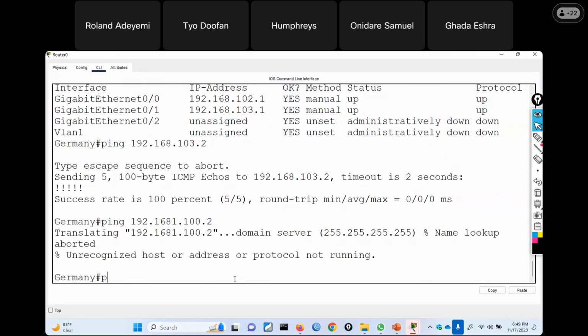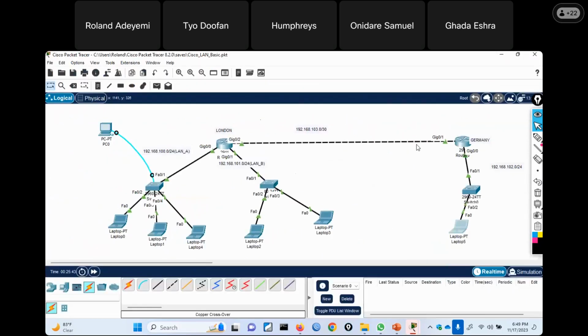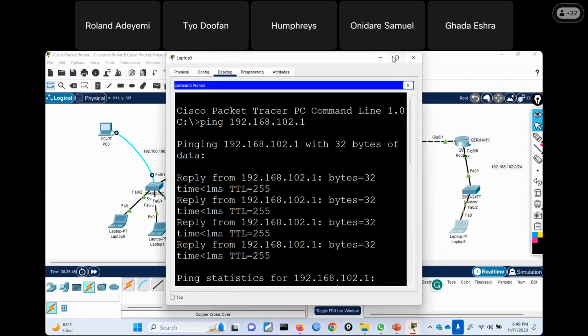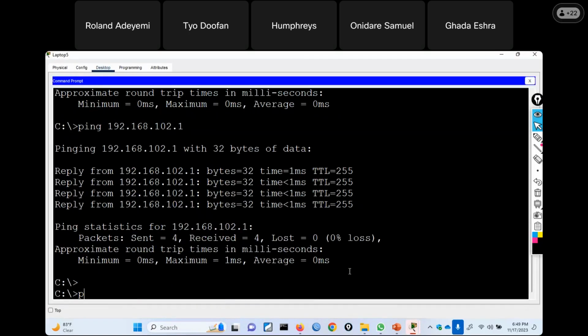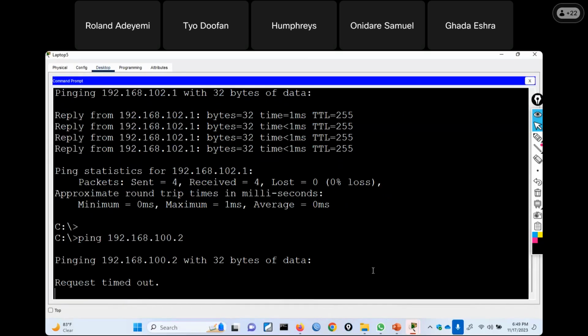Oh no, I think ping 192.168.100.2. Wow, my router can hit that .2. So why can't this guy ping? Let's ping from here and see. Doesn't make sense.